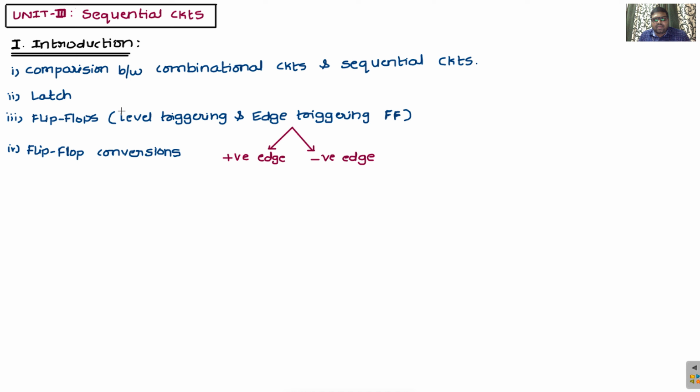And next, the second part, that is registers. A group of flip-flops is called a register. In registers we have four types of shift registers available.